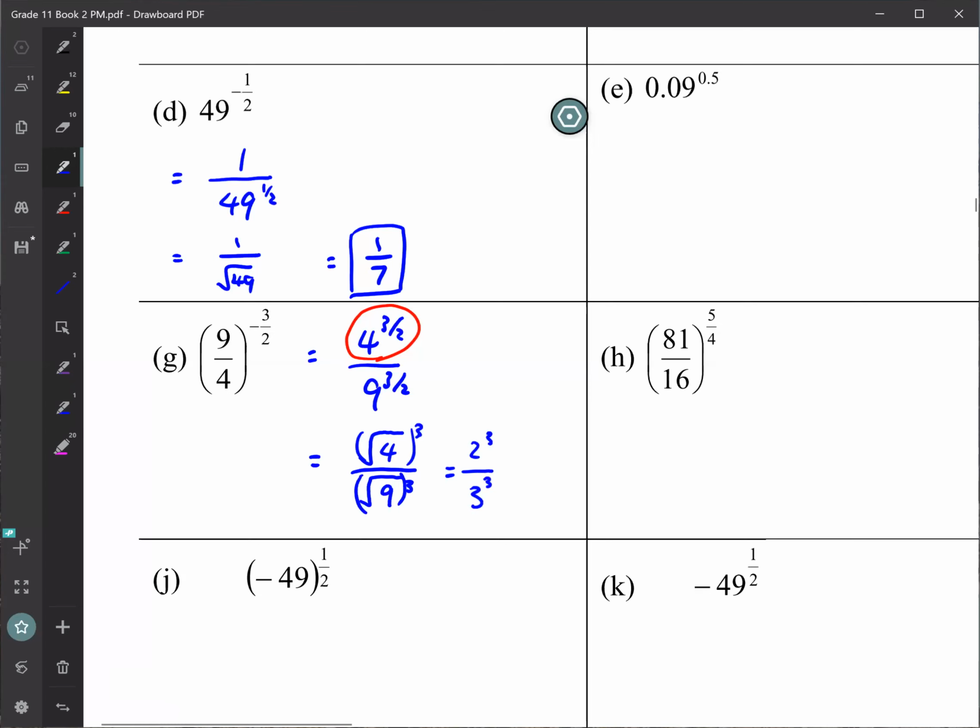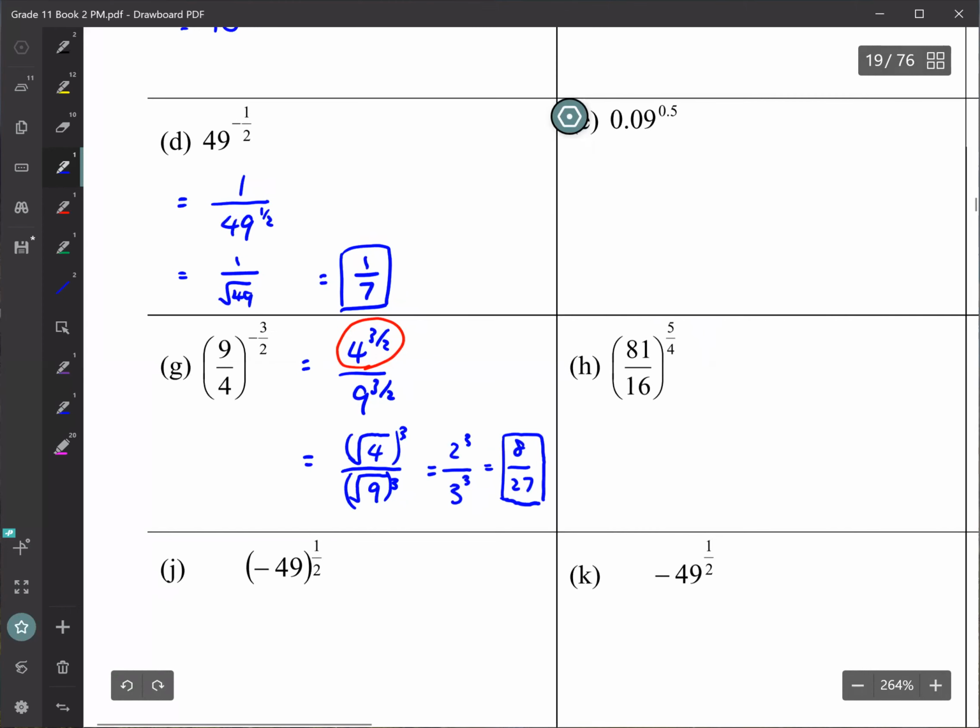And then you put in the powers. It'd be 8 over 27. Are we done? Yes, okay. We want to reach the point where we don't see the exponent anymore. Did you write it down, Marcus? Okay, next one.